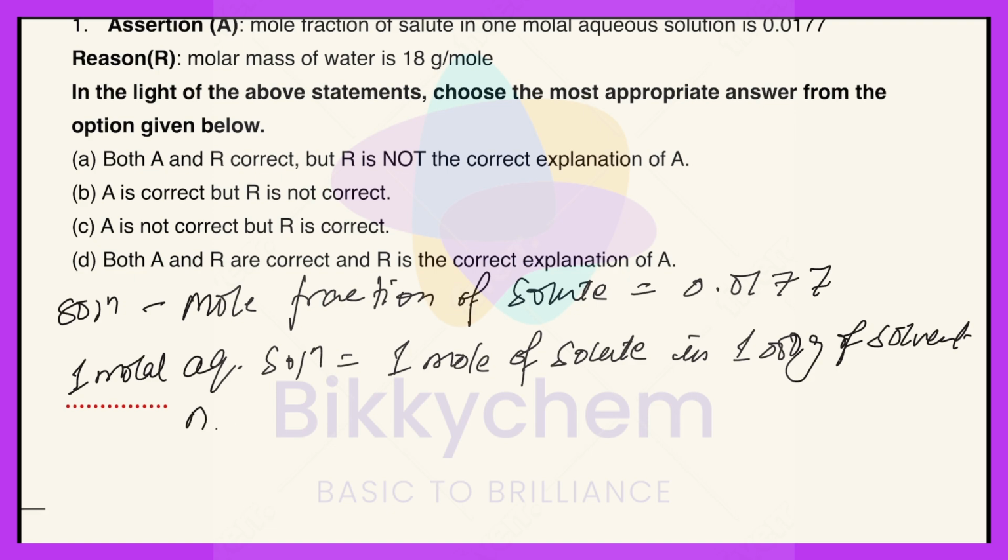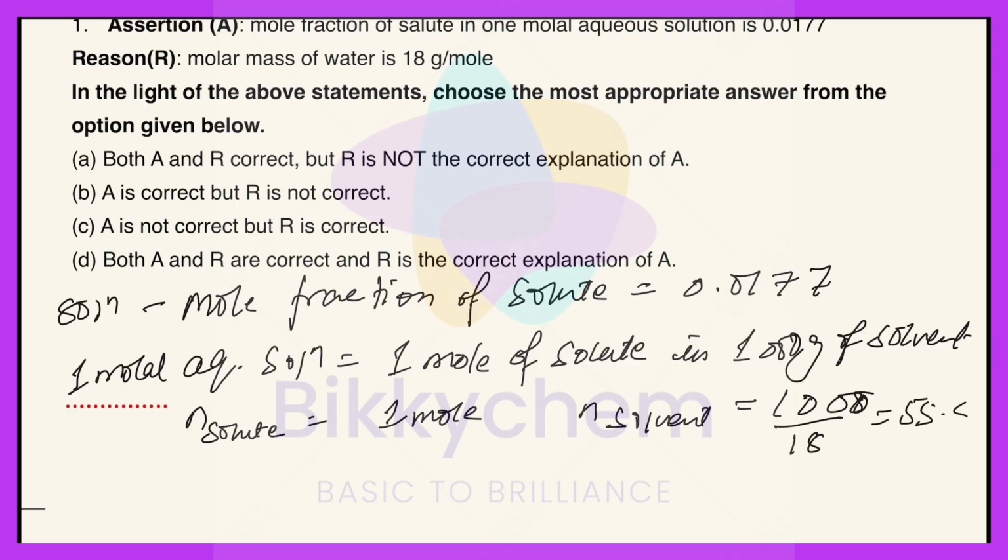So N solute is 1 mole. N solvent is equal to 1000 divided by 18, which equals 55.56 mole.